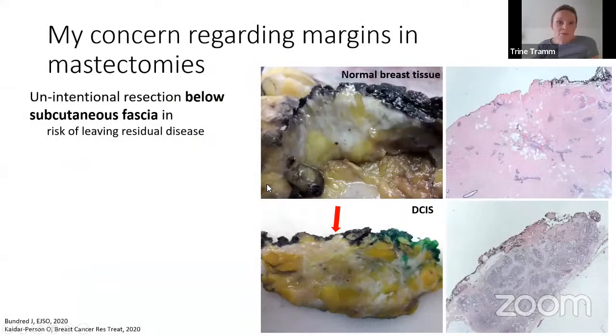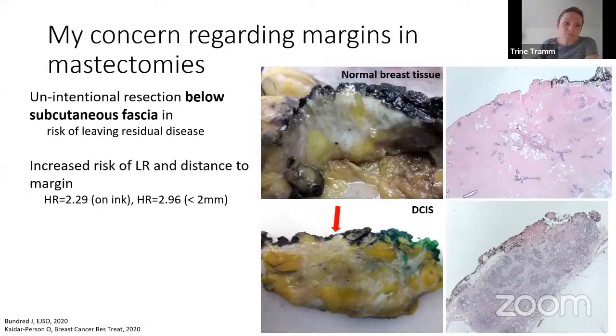So my concern regarding margin evaluation in mastectomies is if we have an unintentional resection below the subcutaneous fascia level, because then we have risk of leaving residual disease. And there is evidence that there's an association between distance to the margin and increased risk of local recurrence in mastectomies, and that this also translates into impaired survival.